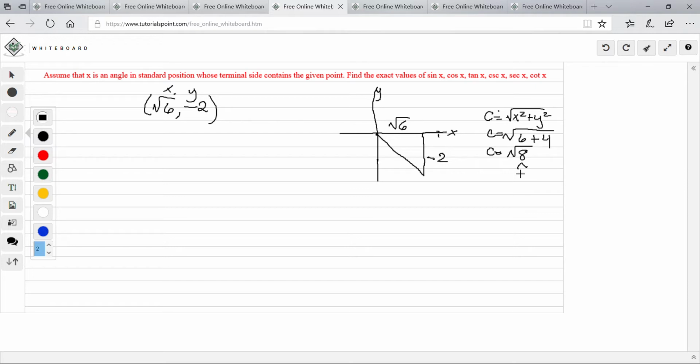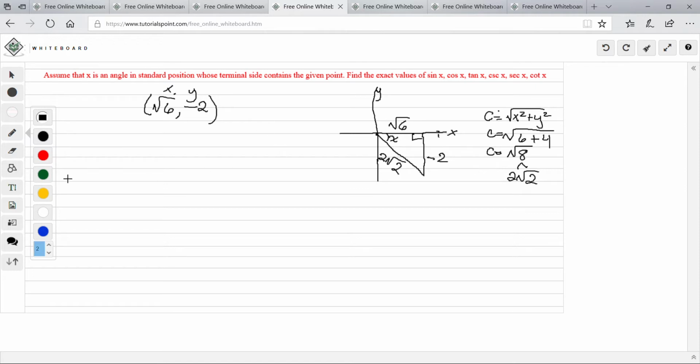That simplifies to 2 root 2. So right here, our c, or our hypotenuse, is 2 root 2. We'll call this angle alpha.